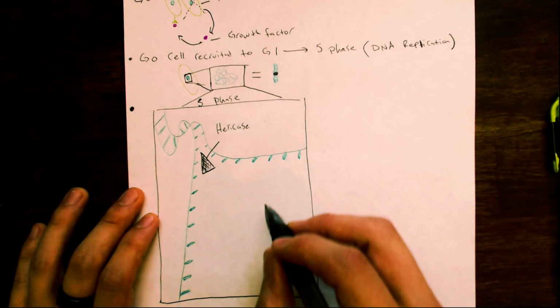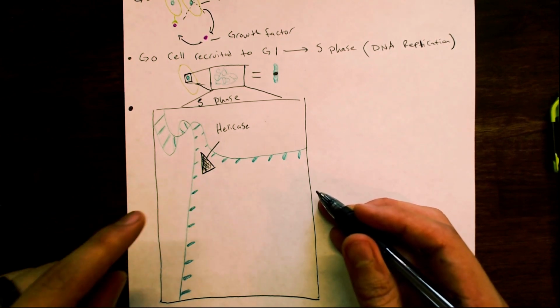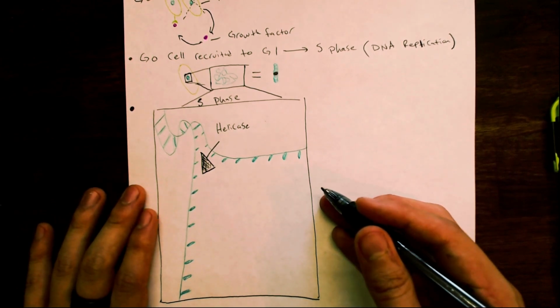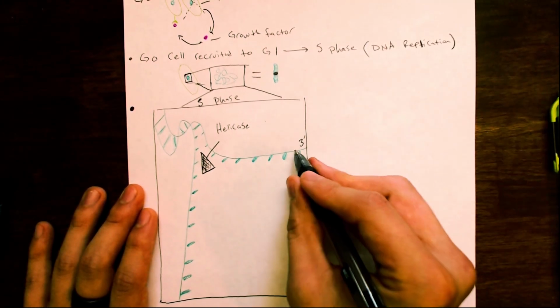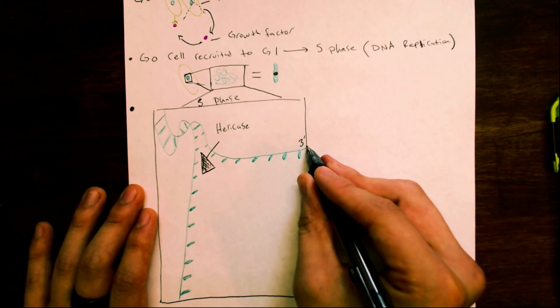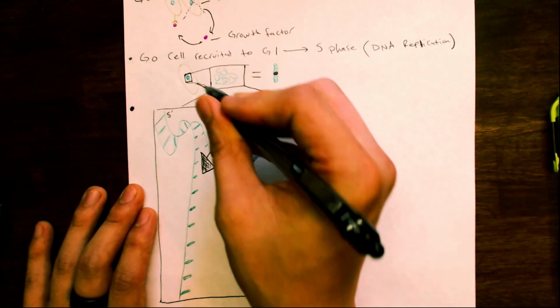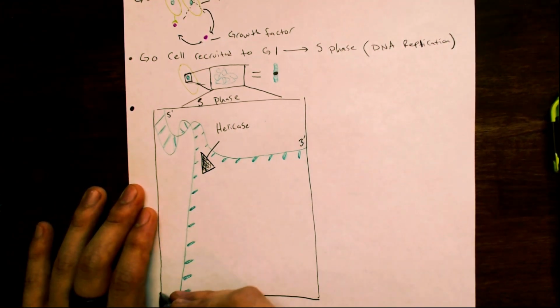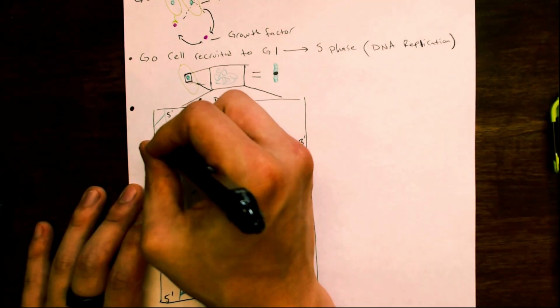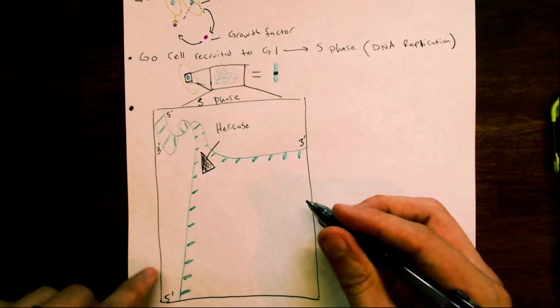And I'm also going to label a leading strand versus a lagging strand. I'm going to mark this as the 3' end. If we follow this up here, over here is going to be the 5' end. Then because DNA is anti-parallel, this end over here is going to be the 5' end, and tracing that up, that's the 3' end over there.